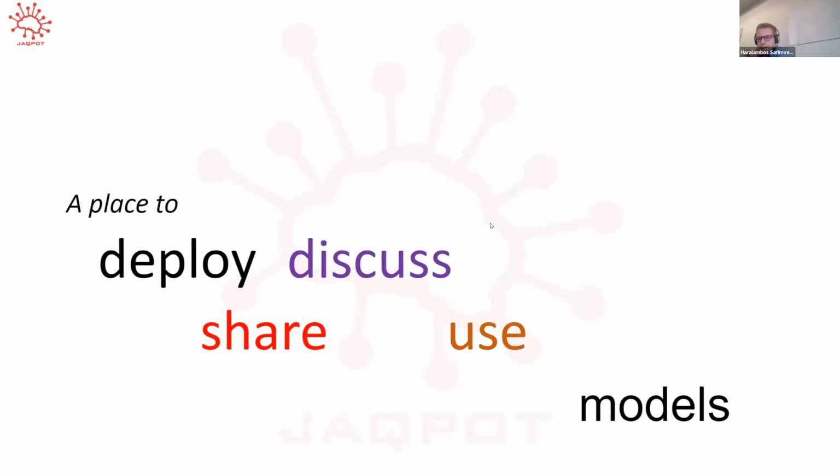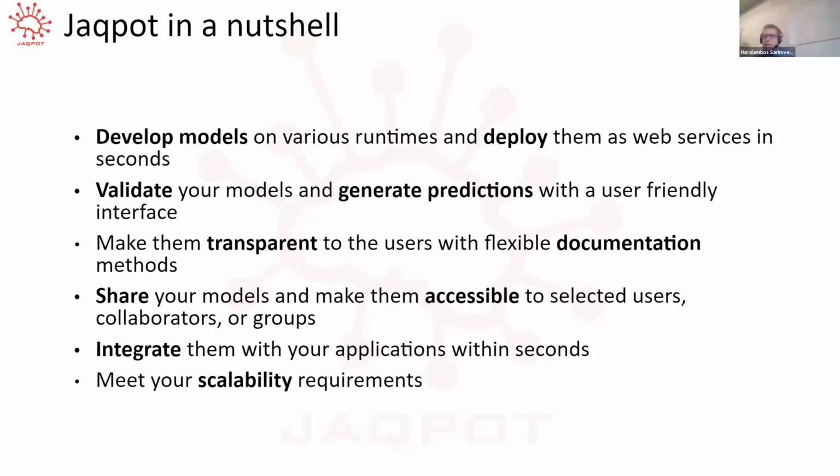Jaqpot is a platform where you can deploy, share, discuss, and use predictive models. And in bullet points, in Jaqpot, you can develop models in different runtimes and deploy them as web services, actually in a matter of seconds.